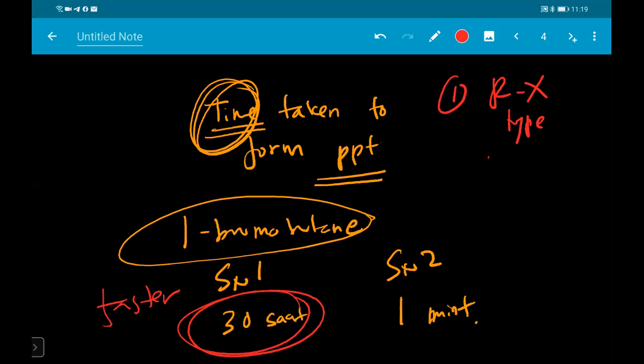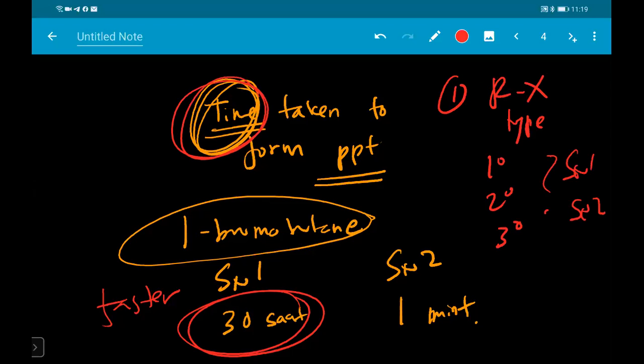Antara ni sama ada primary, secondary, tertiary. Either SN1 ataupun SN2. Okay, this is based on the time taken. Okay, settle yang pertama. Yang kedua tadi pasal apa?